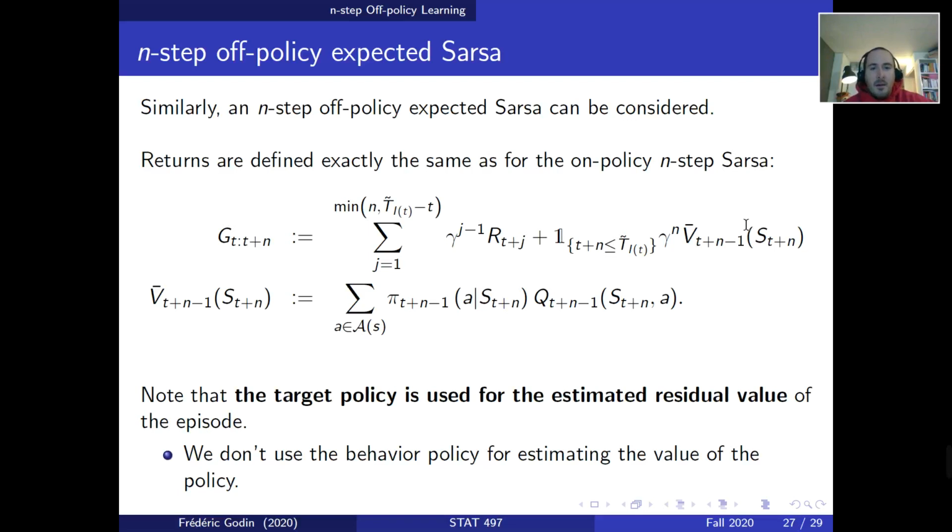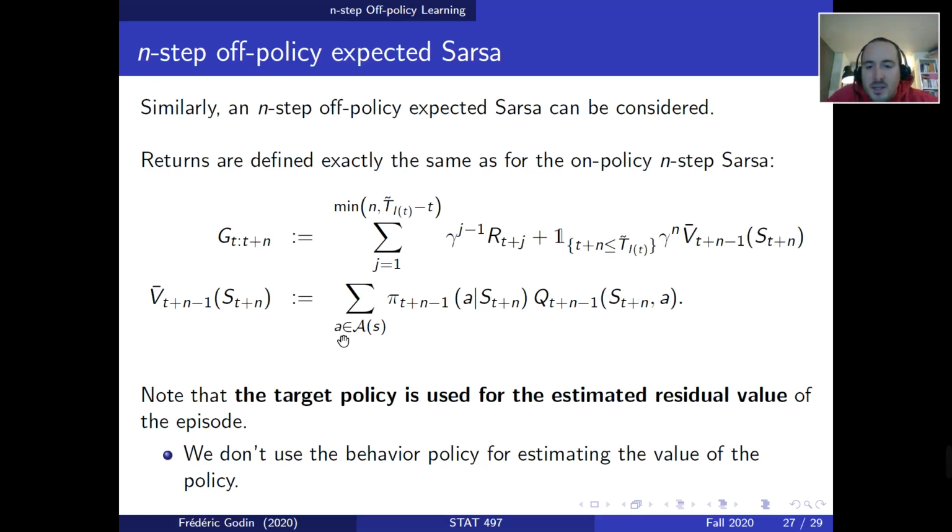And for expected SARSA, it's not the Q function at the action A_{t+n} itself. It's a weighted average across all possible actions under the policy pi, times the action value function Q at state S_{t+n} under the various actions.